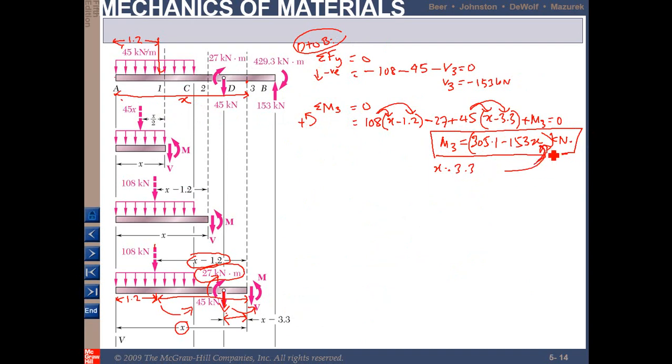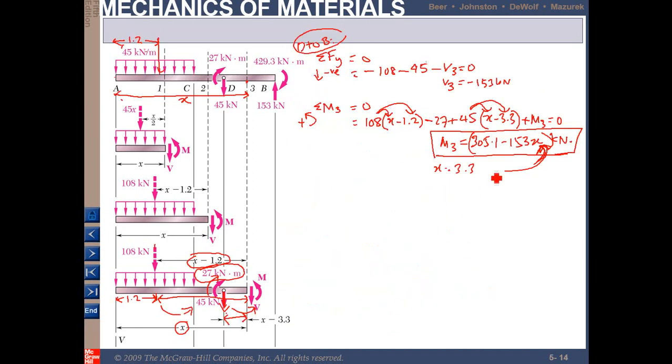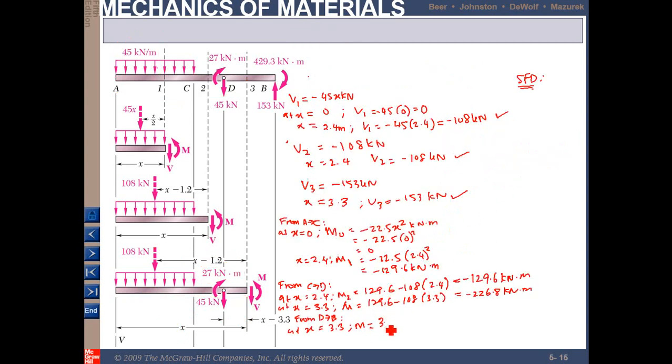Okay, so this is x. So it is equal to 305.1 minus 153x, where x is 3.3. So you get this one as minus 199.8 kilonewton meter.